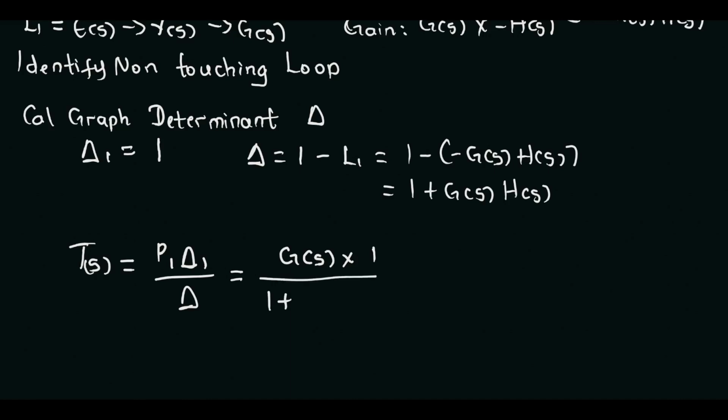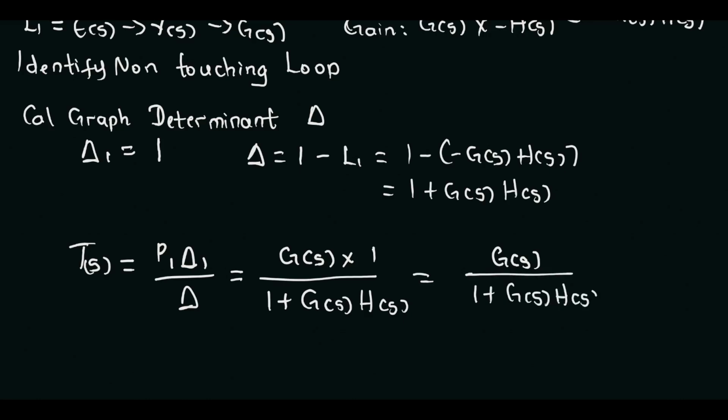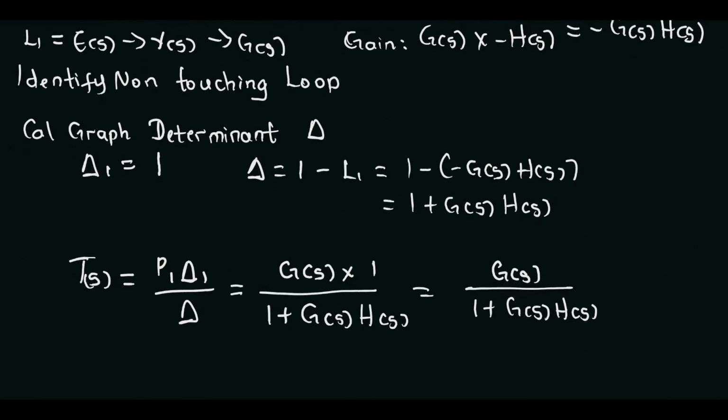Delta 1 is 1. Therefore, your transfer function will equal G of S over 1 plus G of S H of S. So this is how you can use your signal flow graph and the Mason gain formula to find the transfer function of your signal flow graph.